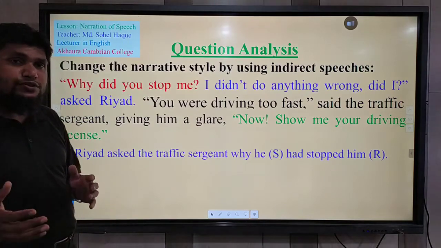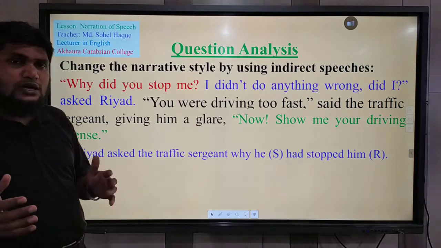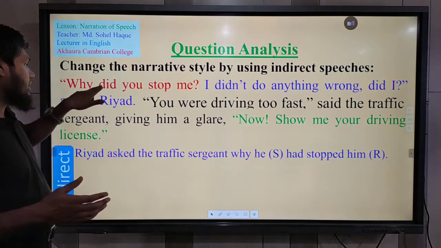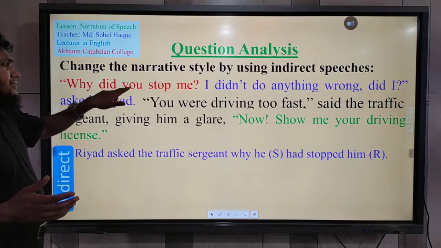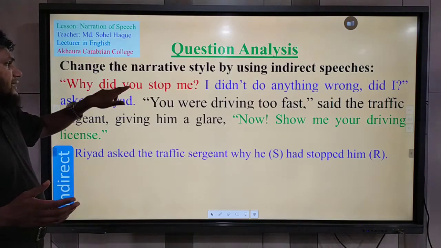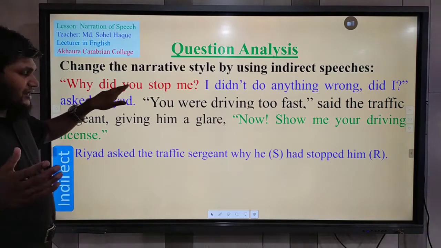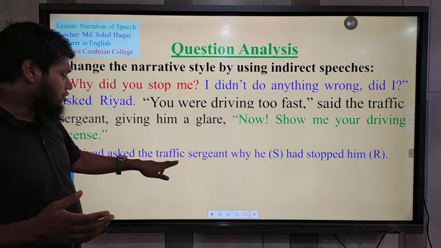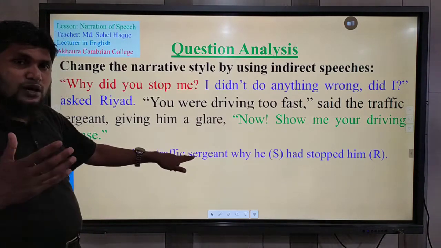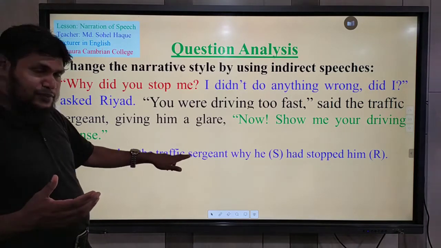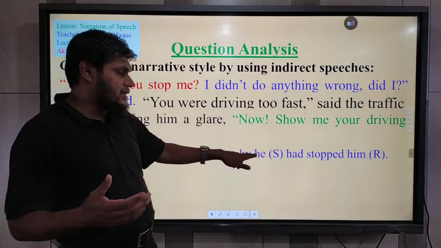Next, you should take the subject. So who is the subject here? Did you? You is the subject here. We know that you is second person. Second person should refer to the object, the listener. So who is the listener? The traffic sergeant. So what is the pronoun of the traffic sergeant? Of course, he.